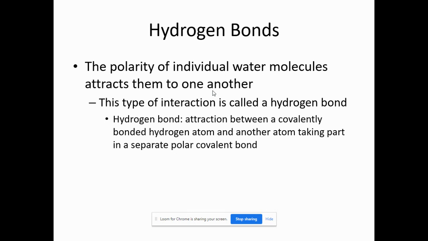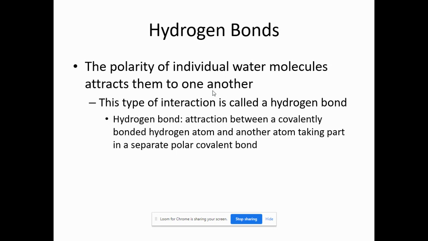So water is a polar molecule, and the polarity of individual water molecules attracts them to one another. The hydrogens of one water molecule are attracted to the oxygen atom of another water molecule, and those interactions are called hydrogen bonds.